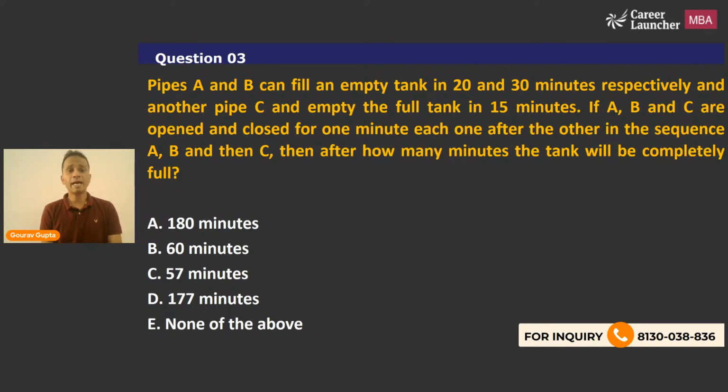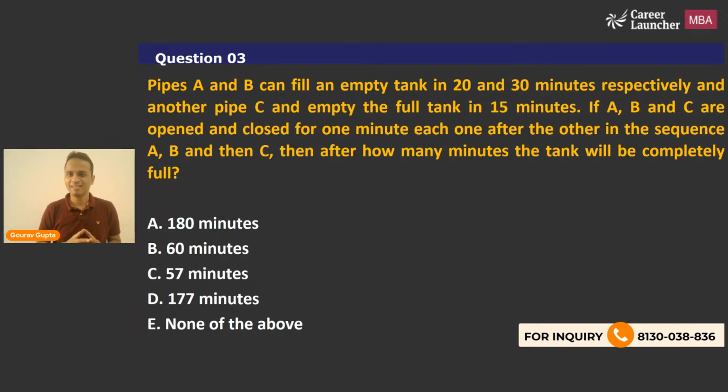So pipes A and B can fill an empty tank in 20 and 30 minutes respectively. And another pipe C can empty the full tank in 15 minutes. So there are two inlets and one outlet pipe. If A, B and C are opened and closed for 1 minute each, one after the other in the sequence A, B and then C.